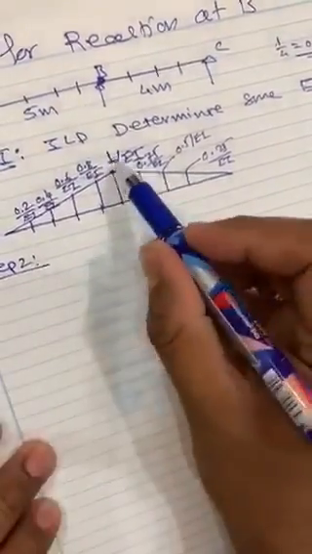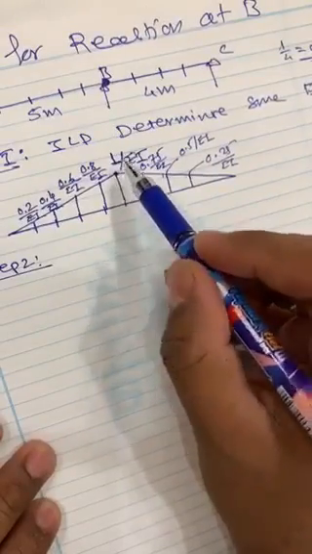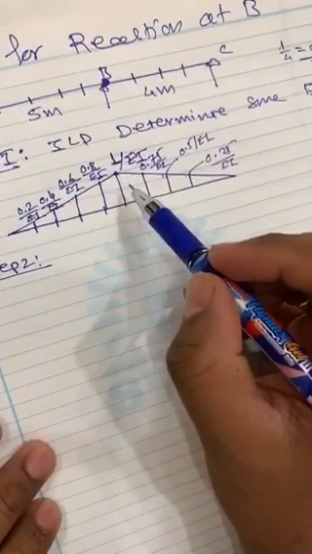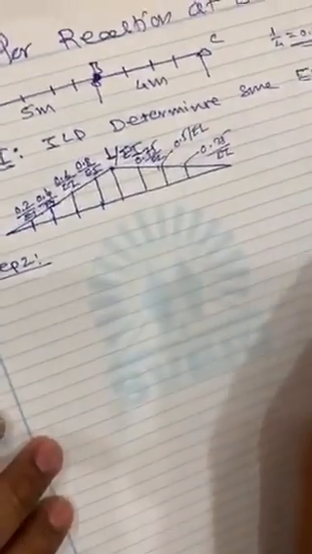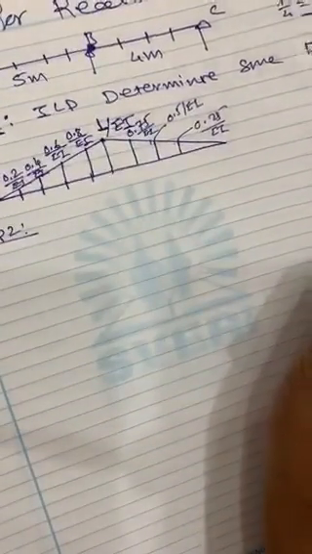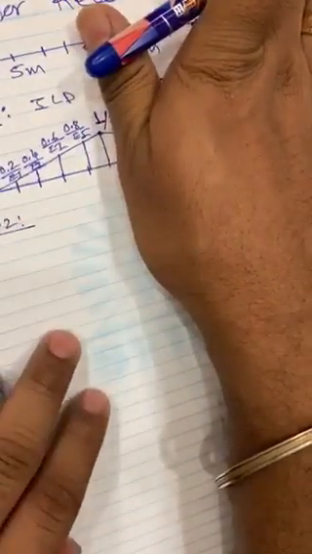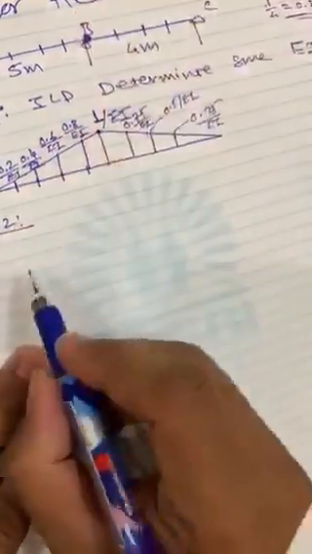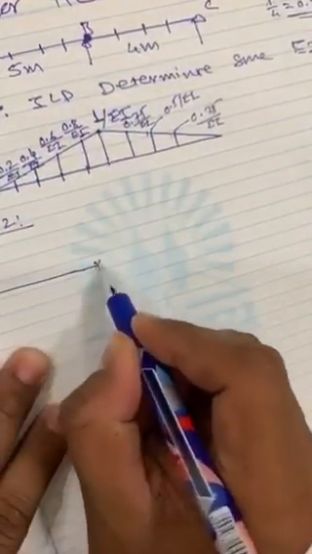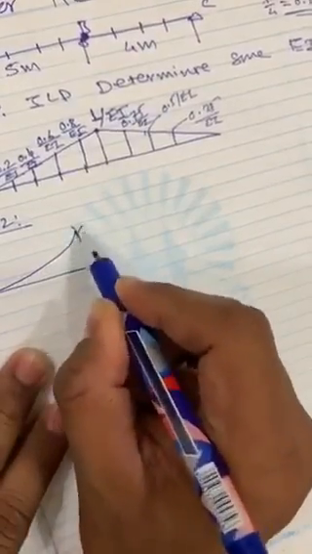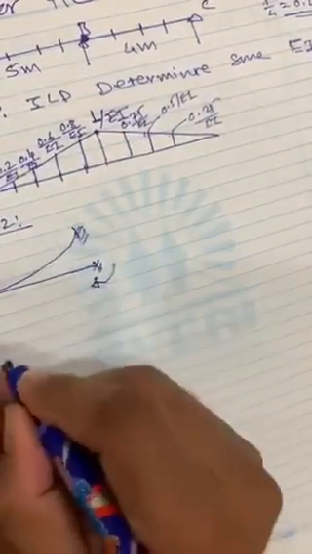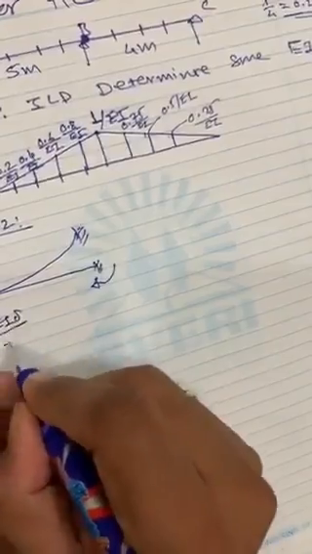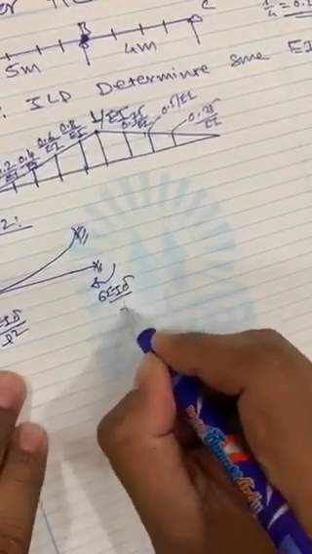Step 2 is, because of this determinate displacement of 1 by EI, what will be the fixed end moment generated, and because of that what will be the end moment generated, that we have to calculate. Now let us take the AB span. If you see the AB span, the displacement is in this direction, so it will look like this, and because of that you can note what kind of end moments are generated, that is 6 EI delta by L square and 6 EI delta by L square.